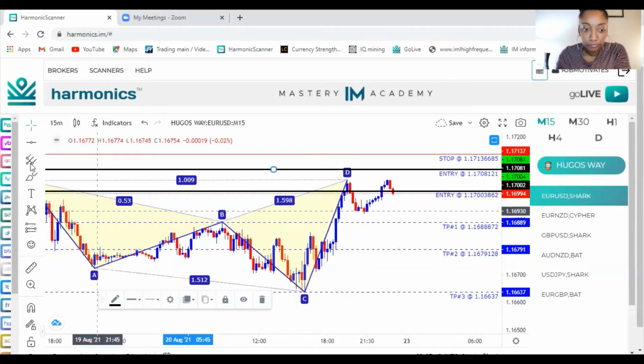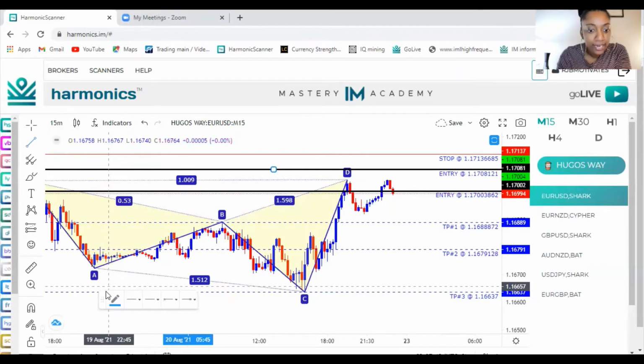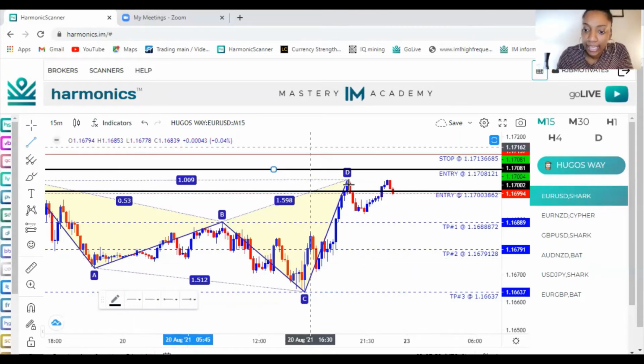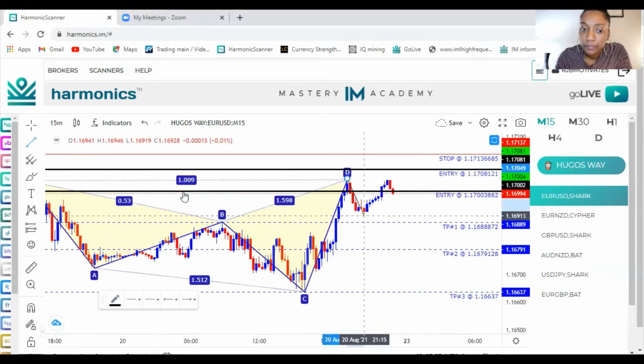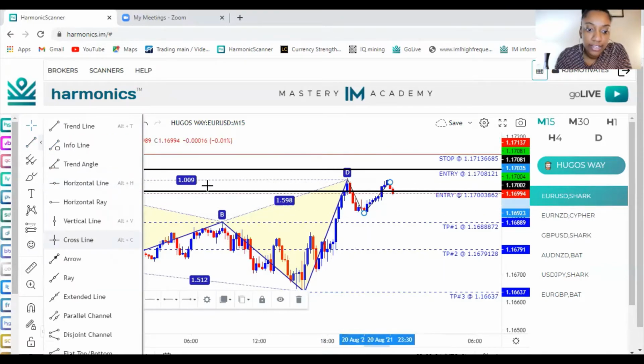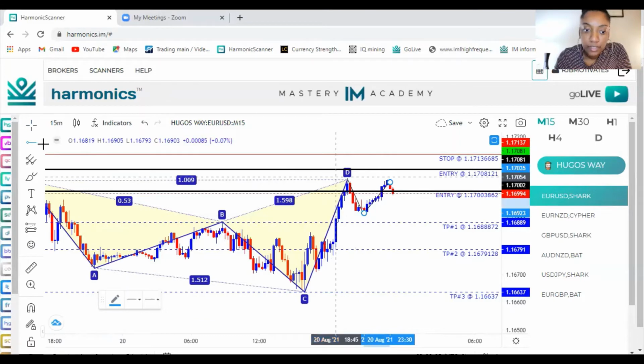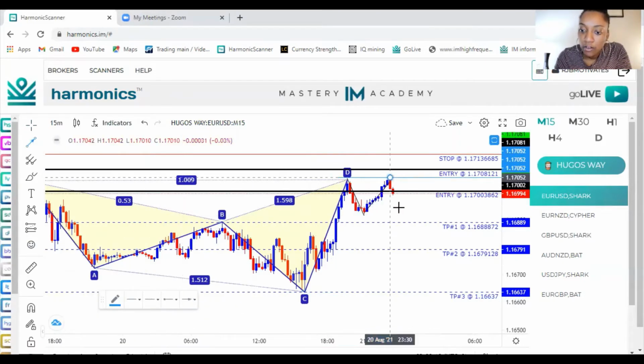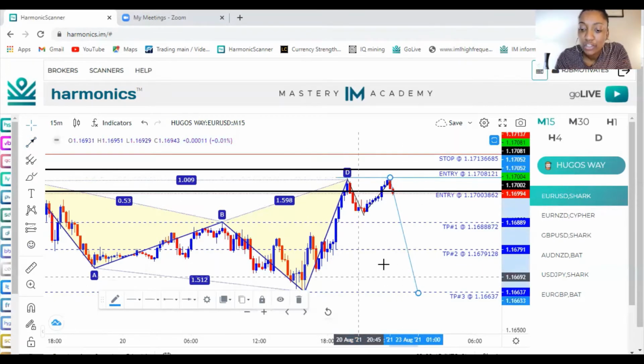I know some of you guys are beginners and may not understand this, and that is a-okay. Price already started to do its move. It retested right here, hit this level, to possibly continue to make its move to possibly TP3.